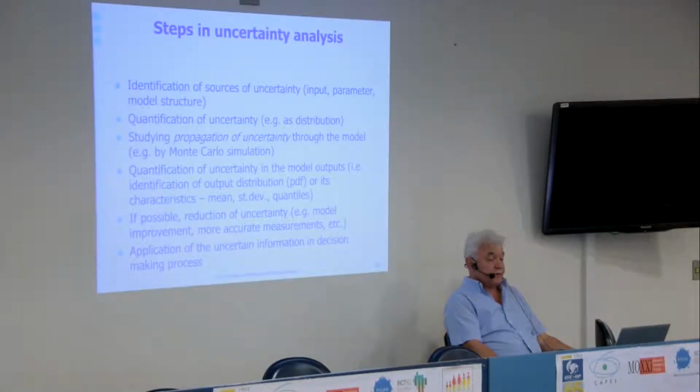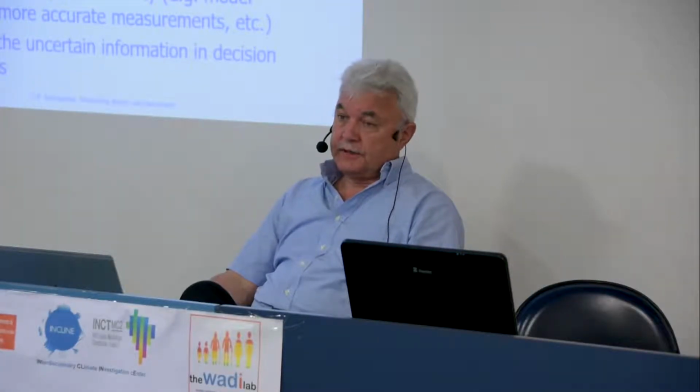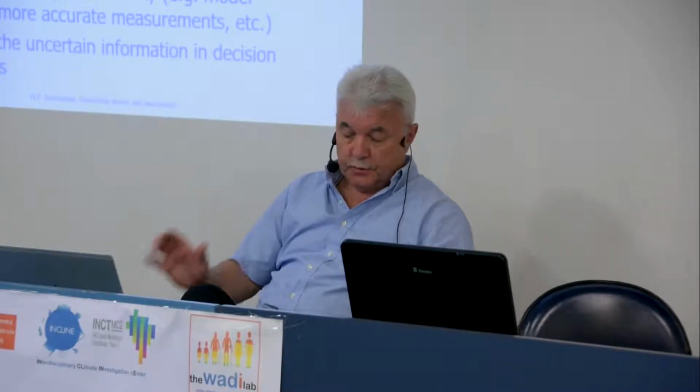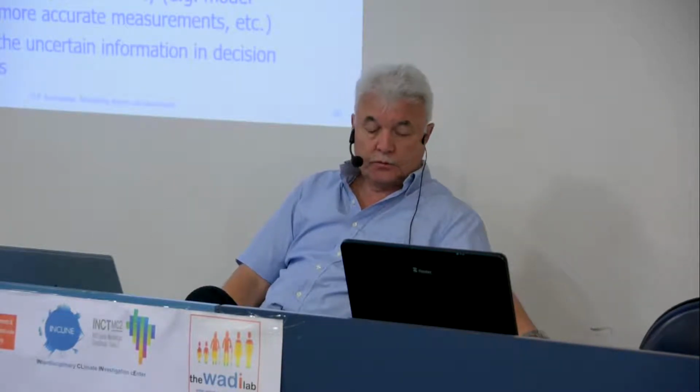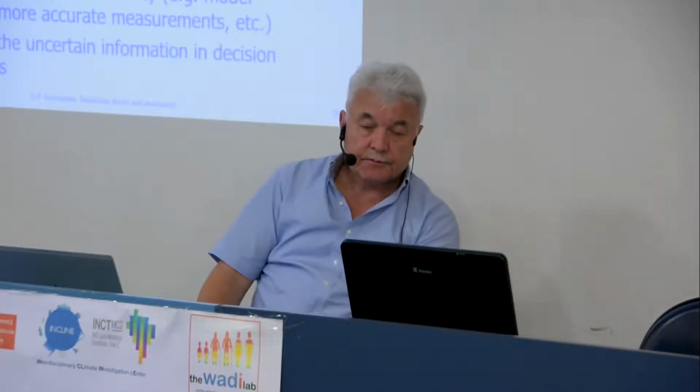Second, we quantify this uncertainty. Typically, this would be assigning a certain probability density function to each uncertainty source. So a distribution, or fuzzy membership functions are also used, but in this lecture we deal with probabilistic uncertainty estimates.